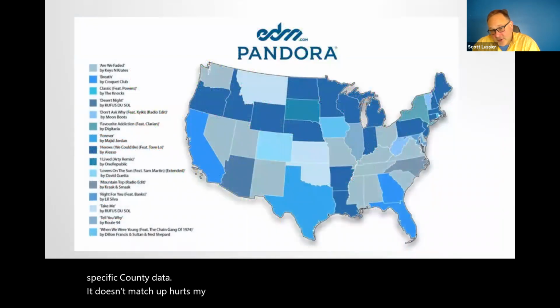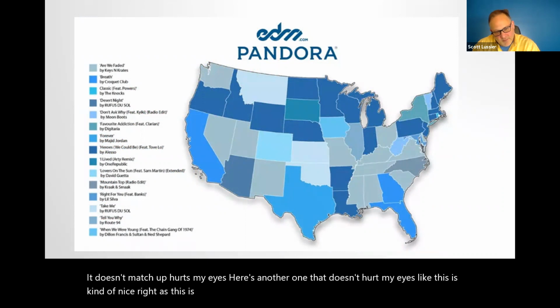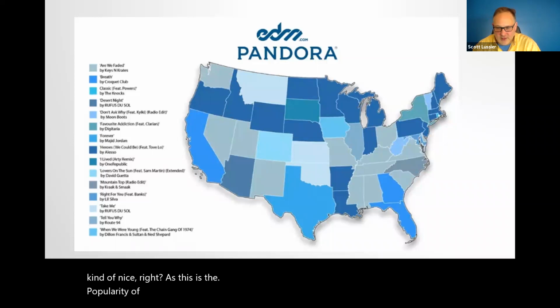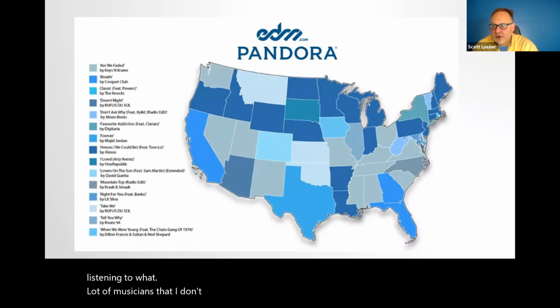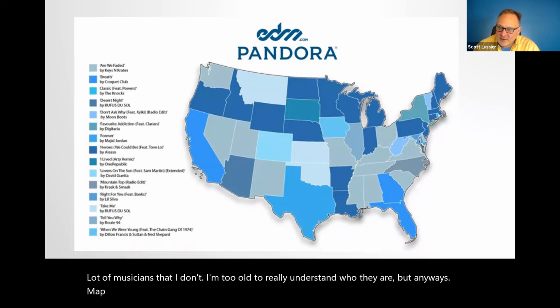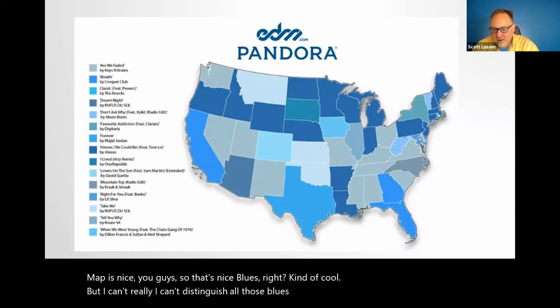Here's another one that doesn't hurt my eyes. Like, this is kind of nice, right? So this is the popularity of certain musical groups at a certain time on Pandora. They keep track of who's listening to what. A lot of musicians that I'm too old to really understand who they are. But anyways, the map is nice. You look at it and say, oh, that's nice, blues, right? Kind of cool. But I can't distinguish all those blues. Like, my brain can't process that.